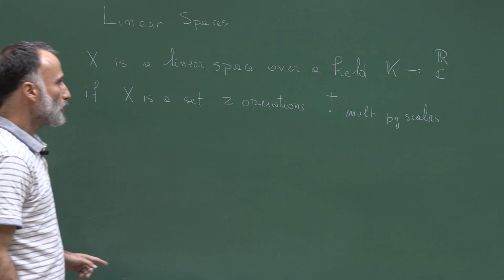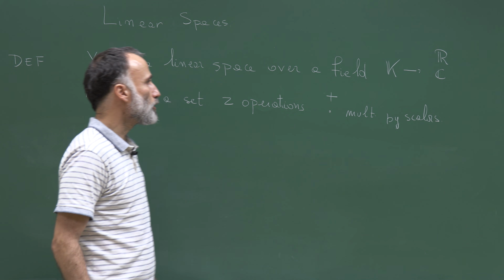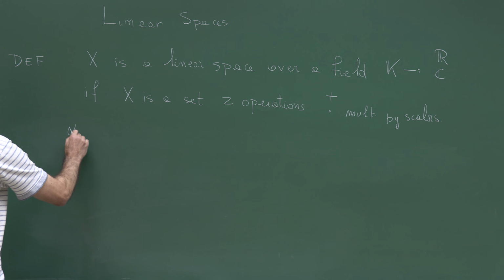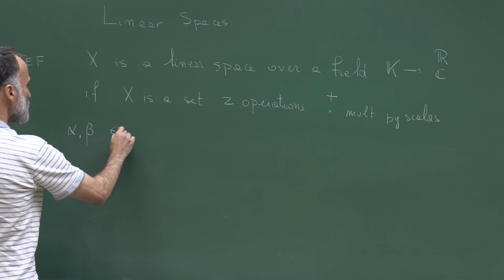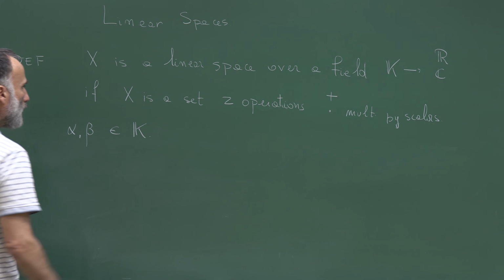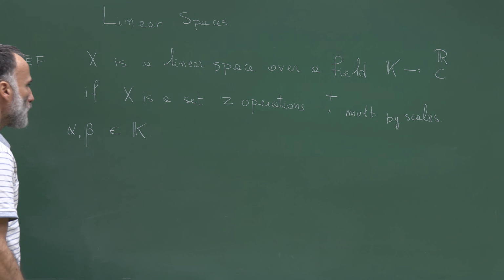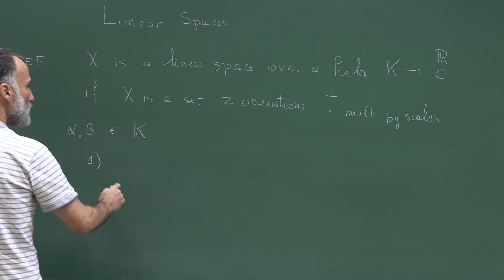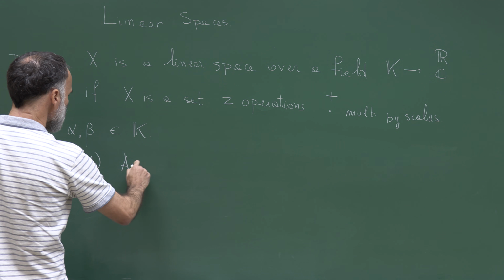So now there is a second operation, which is the multiplication by scalars. So in this lecture, I will represent by alpha and beta the scalars. And this multiplication will satisfy two properties. The first one is that the multiplication is associative.